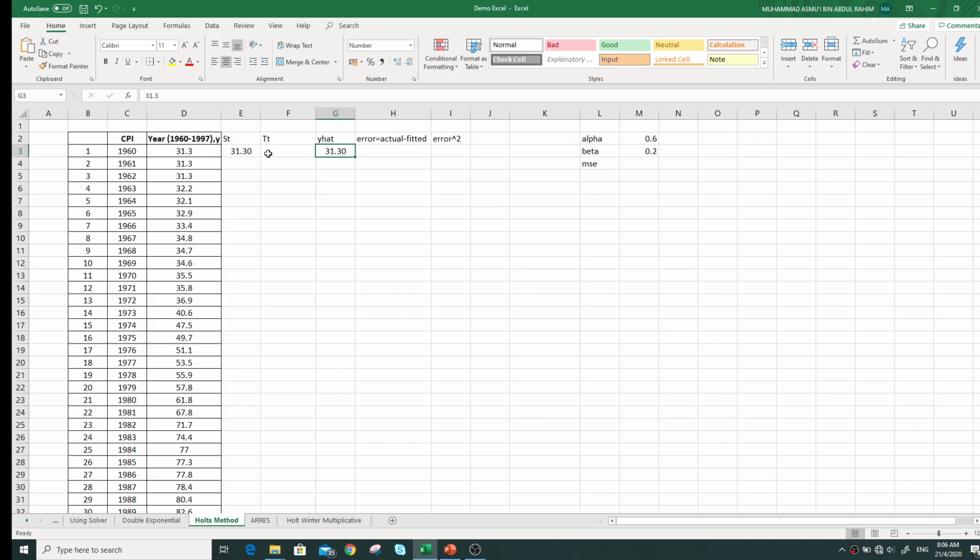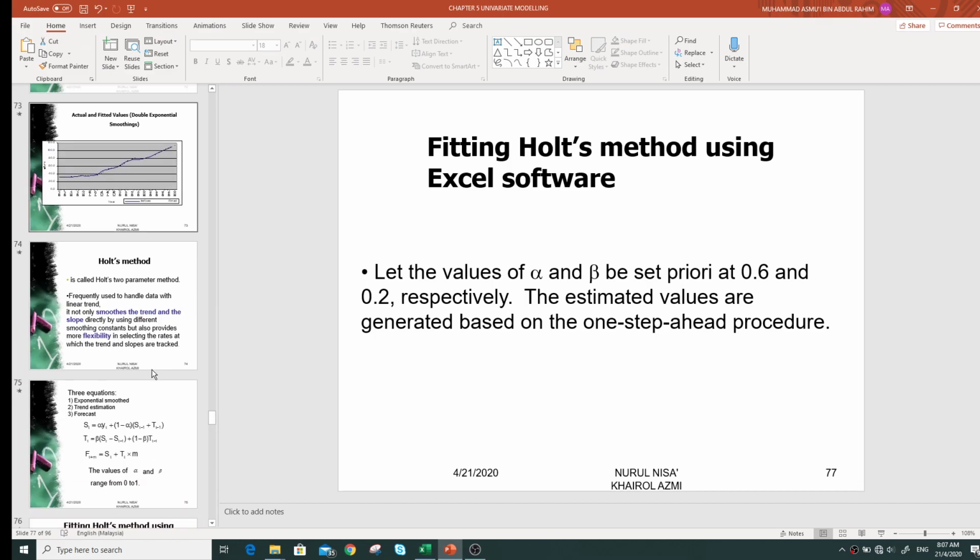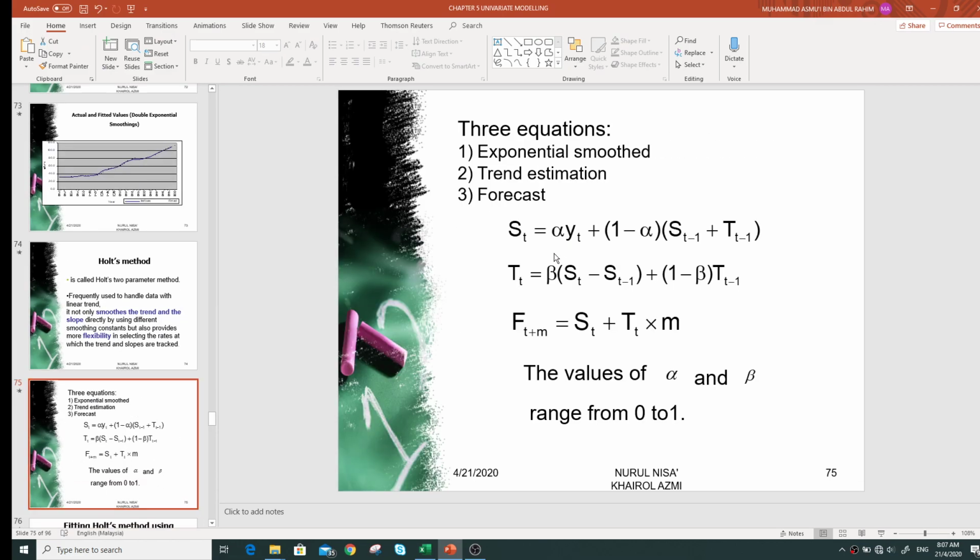For Tt, since we cannot observe the trend or growth rate yet, we let Tt equal 0. Now we will start putting the equation in this cell, St. You can refer to this equation: St equals alpha Yt plus 1 minus alpha times St minus 1 plus Tt minus 1. So how do we do it?